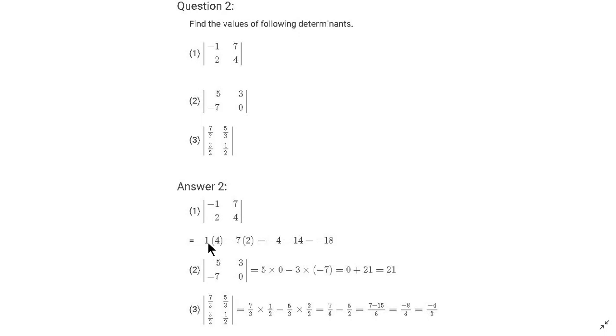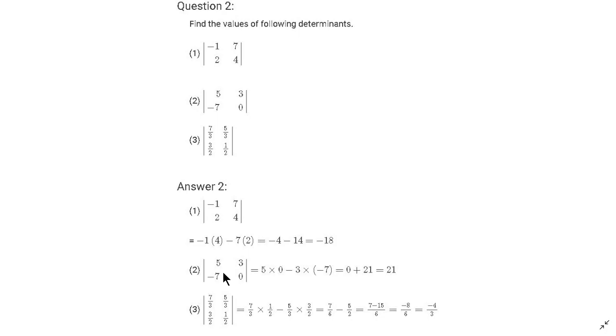Calculate this. Do not make a mistake while computing. Minus 1 into 4 should be minus 4 and 7 into 2 should be 14, but the subtraction is in the process. So minus 4 minus 14 is equal to minus 18.